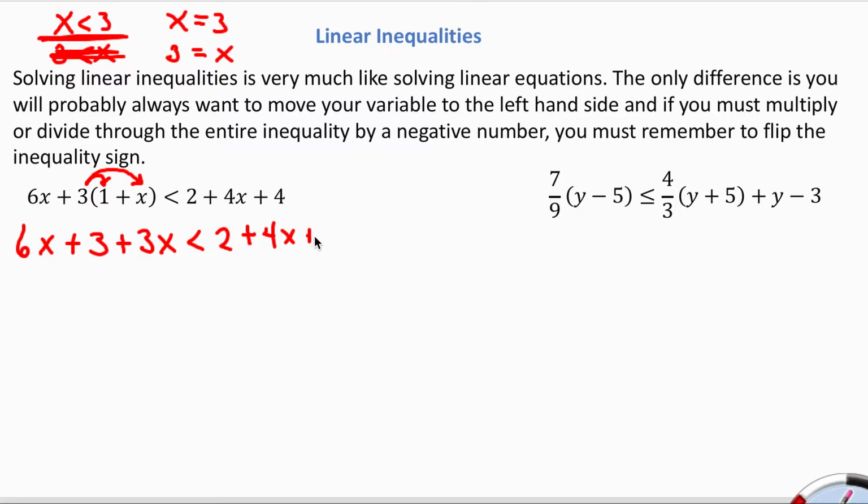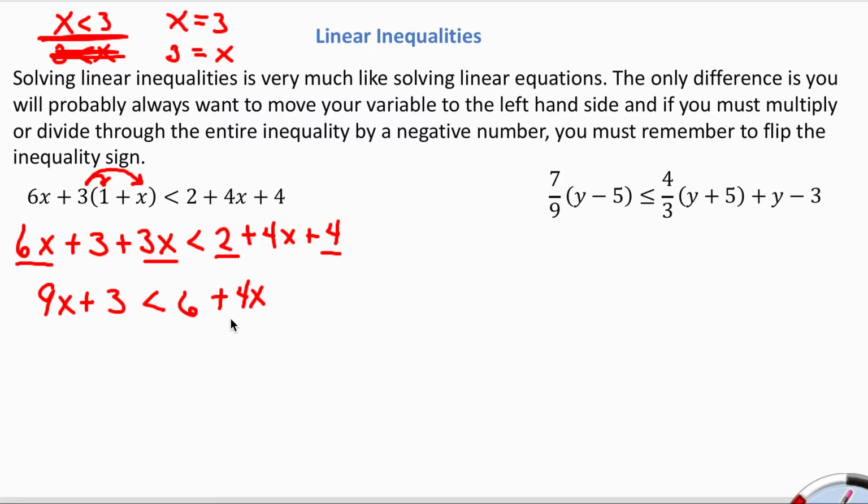Then you do any math you can do on each side, right? Simplify each side. On this side, I've got some x terms I can combine. And on this side, I've got some constants that I can combine.